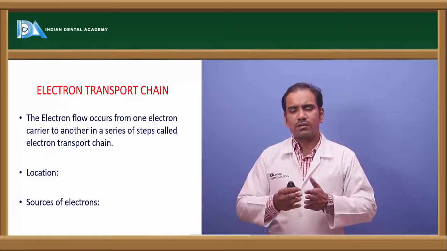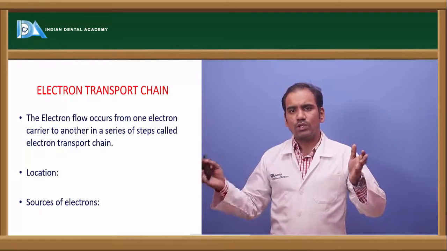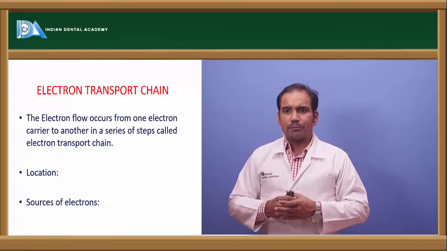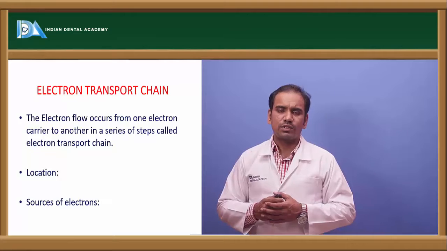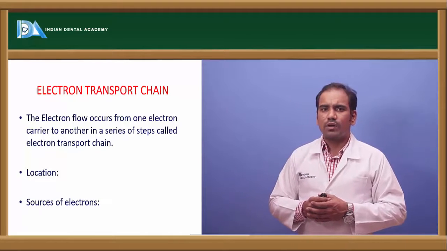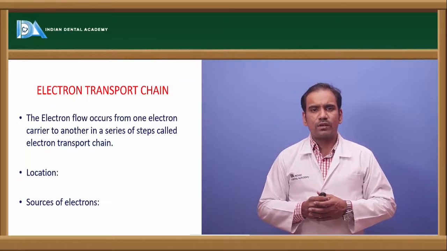Those electrons are transferred from a high negative redox potential to a positive redox potential, right? So where does this electron transport chain occur? It is located in the mitochondria, in the inner mitochondrial membrane. Coming to sources of electrons.